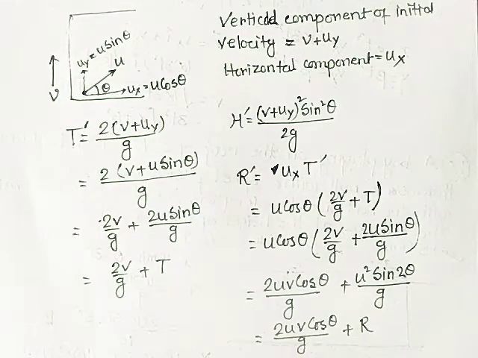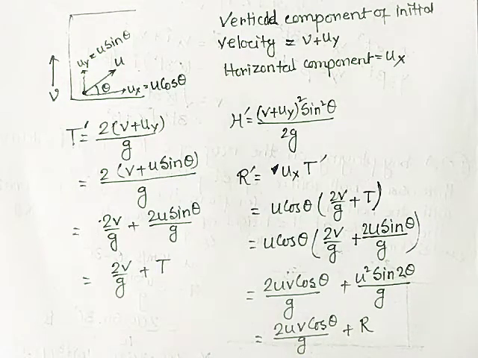The motion is not the same. The total time of flight, maximum height and range are all changed by some amount. Here I have considered that the lift is moving with velocity v, independent of time, so the lift is moving with constant velocity.